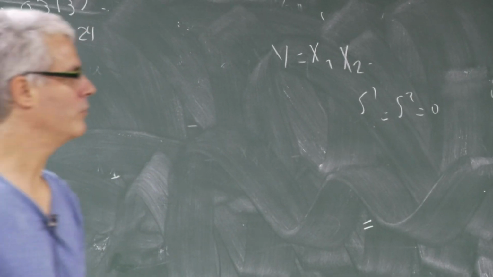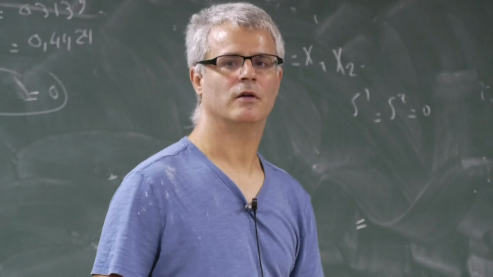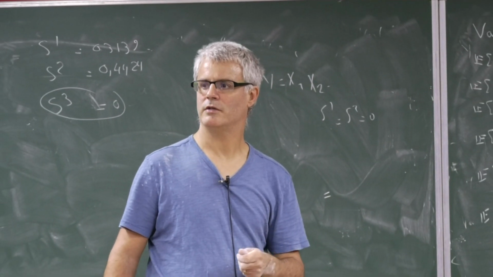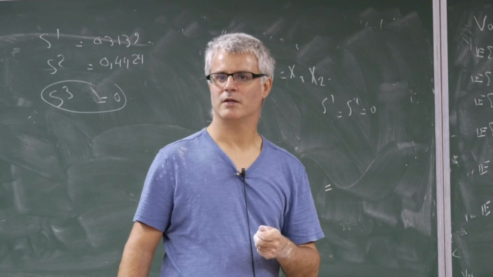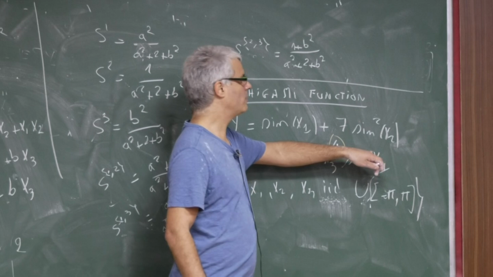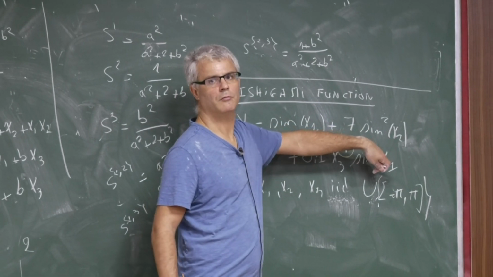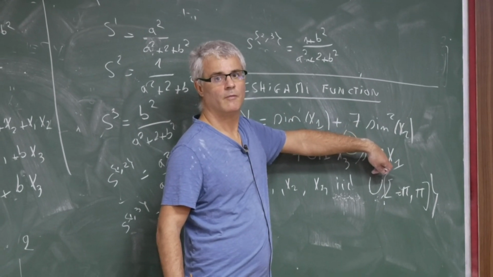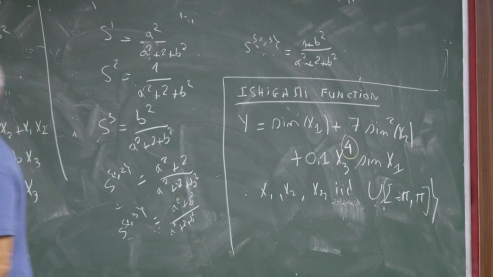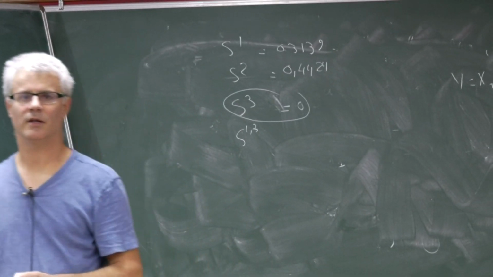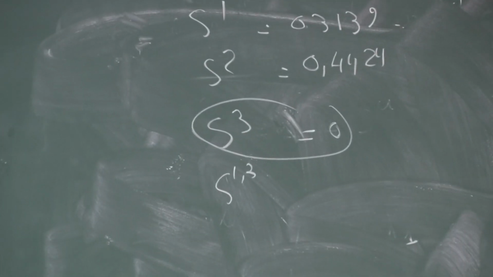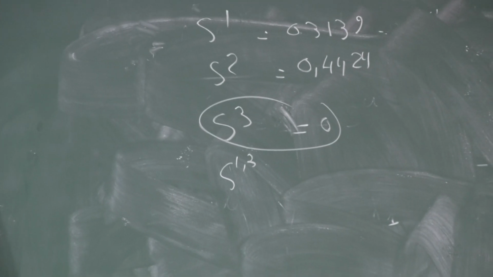In some sense here, if you think that for small values sinus x1 is not far away from x1, you can think that you have multiplied by x1, and that explains that here you will find a 0. But if you compute S13, you will see that here you will find a very big value.